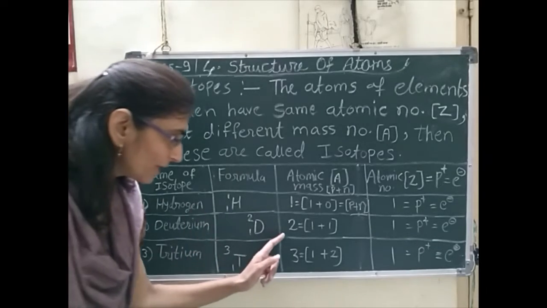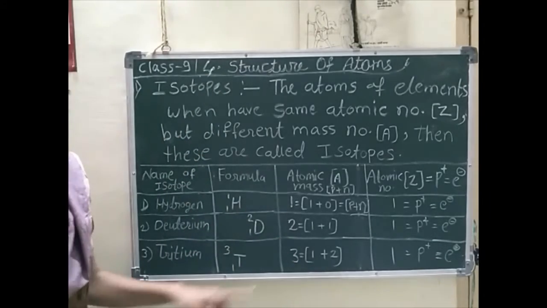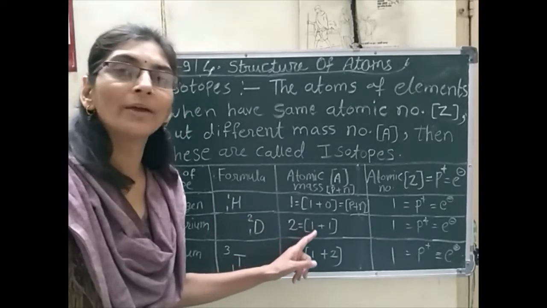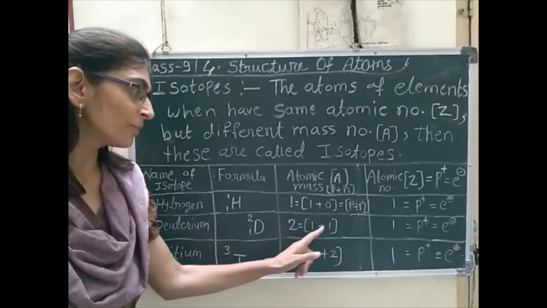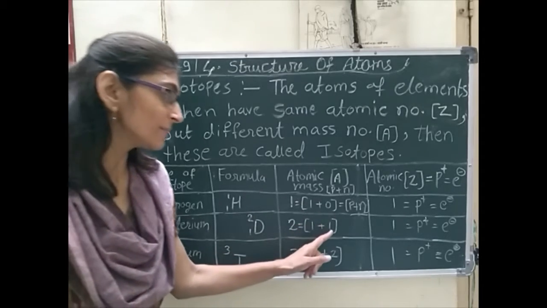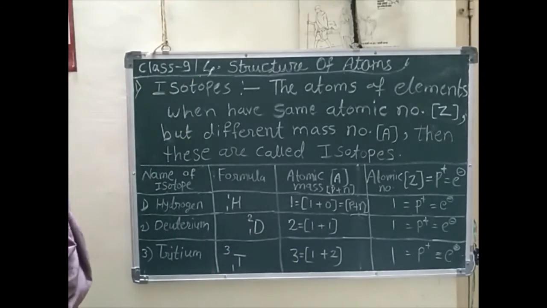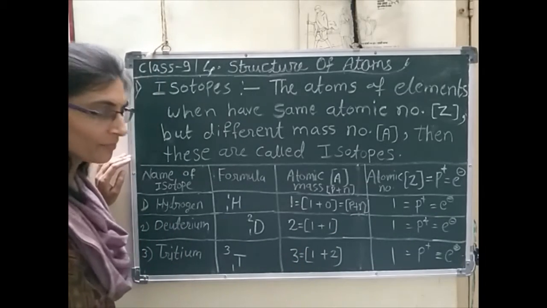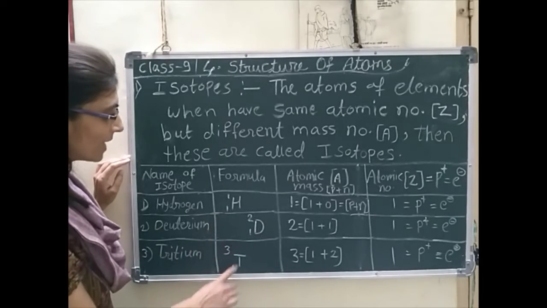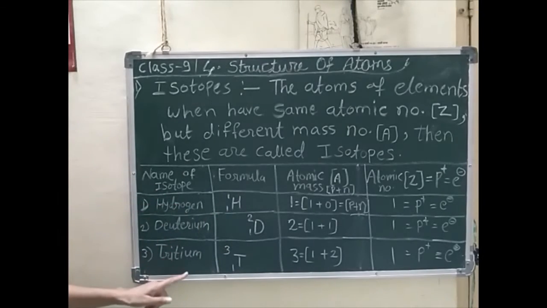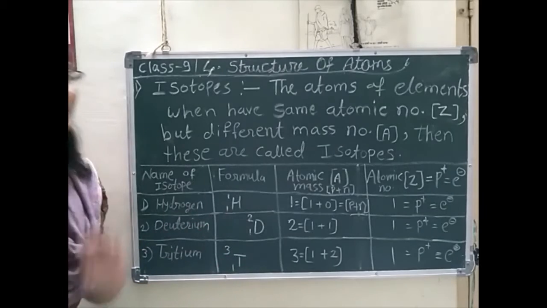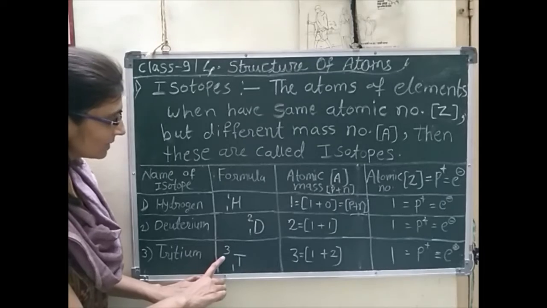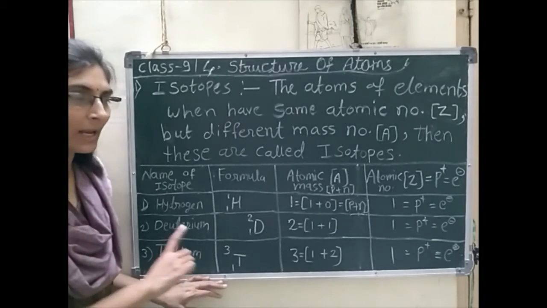But in case of deuterium, atomic mass is 2. Here one neutron is present in the nucleus, along with one proton. That's why atomic mass is 2. Proton plus neutron. Again in case of tritium, atomic number is the same as hydrogen. As they are isotopes, atomic number should be the same, but the mass number is different. Here in case of tritium, mass number is 3.